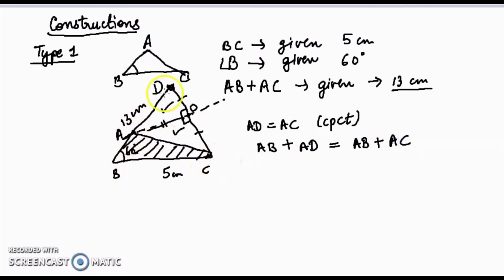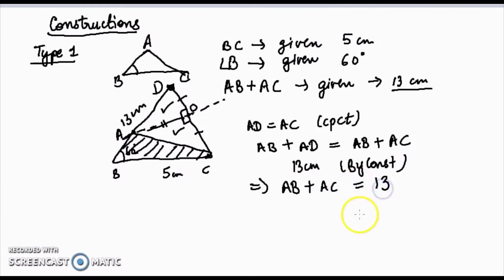Now AB plus AD is 13 centimeter because we have constructed it that way. We have measured BD as 13 centimeter. So AB plus AD is 13 by construction, which means AB plus AC also must be 13. So therefore the construction is justified. This is the explanation for the first one.